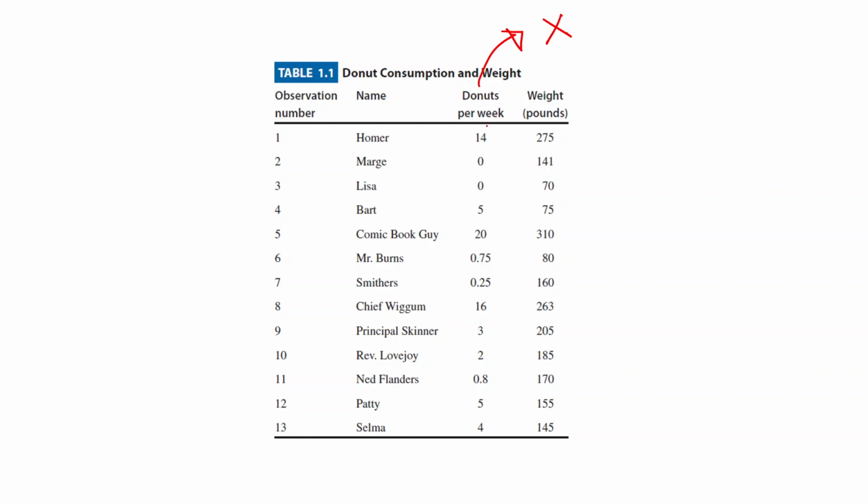In the sample, we asked how many donuts these people consume per week, and then we note down their weight in pounds. So this is our dependent variable.